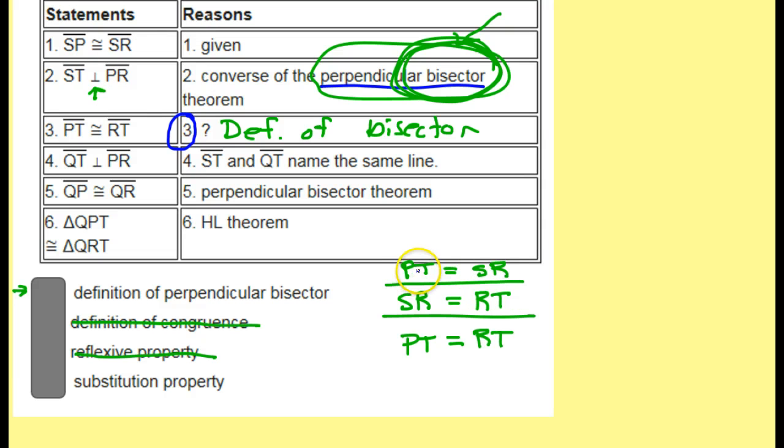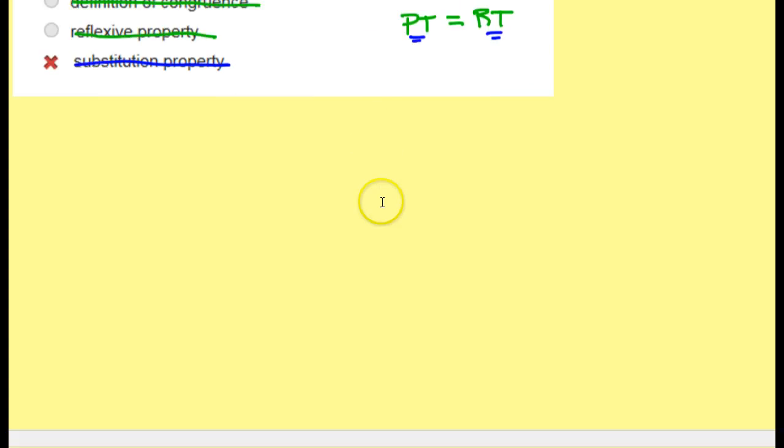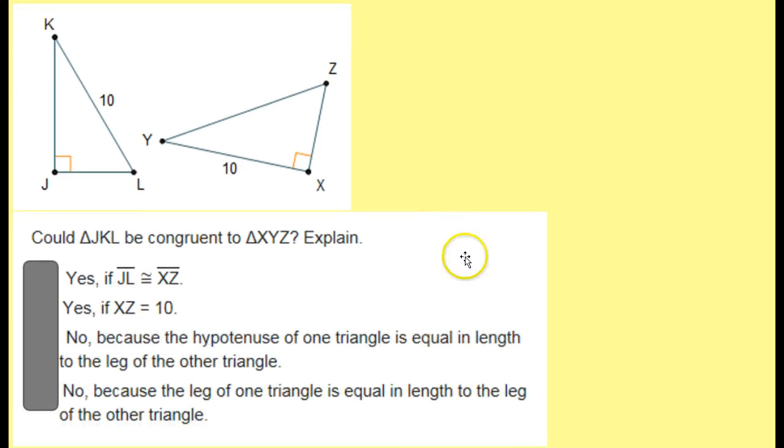Since PT is equal to SR, I could take out the SR and put PT in its place, and then conclude that PT is equal to RT. That's what substitution looks like. But the previous steps don't have these other things that I'm swapping out. It says something about perpendicular. It's a whole different thing. So substitution is not what happened either. It definitely has to be definition of perpendicular bisector. That one was a little bit weird, but what are you going to do?